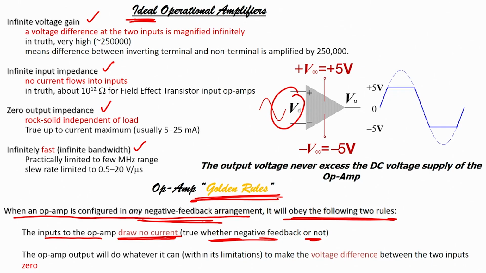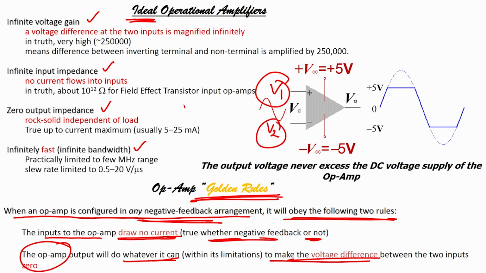Second, the op amp will do whatever it can to make the voltage difference between the inverting and non inverting terminals, or between the input terminals, to be 0. That is, V1 minus V2 to be 0. First is the input current, which is 0, because the op amp input cannot draw any current.